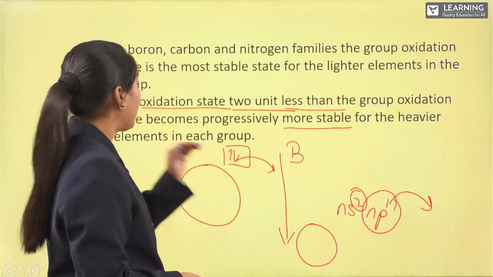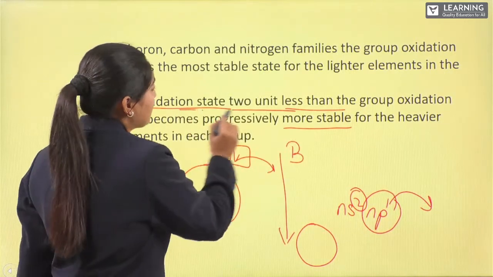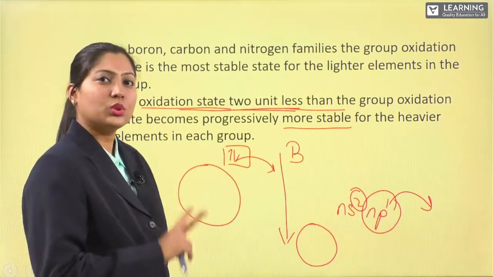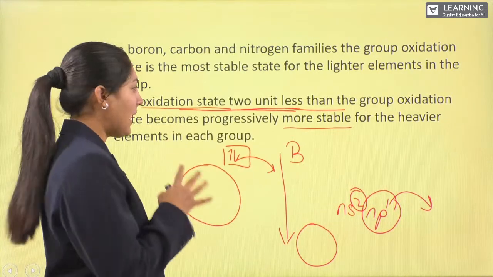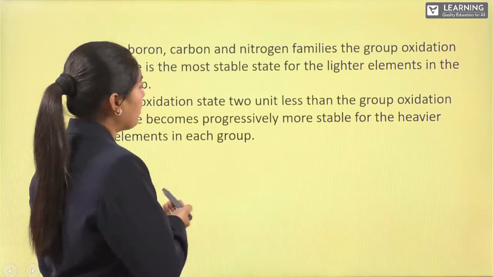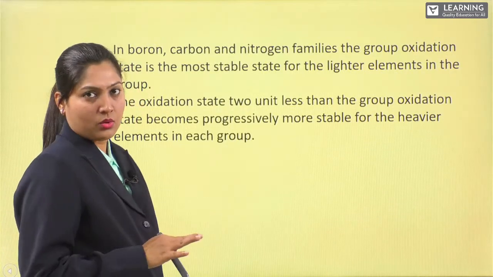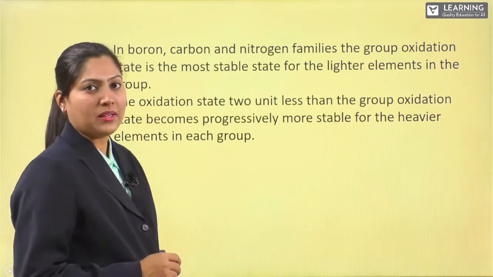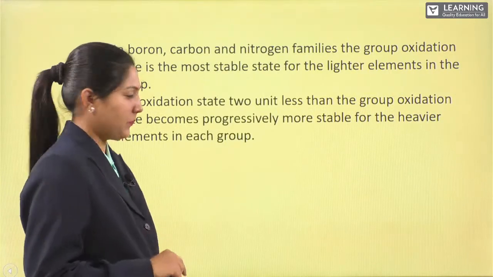So what happens for the heavier elements? The oxidation state will be 2 units less than the lighter one. Got it? So for boron, we can say it will be 3. For the heavier metals in the boron family, it might be 1.